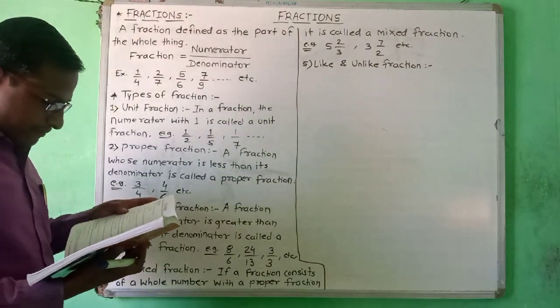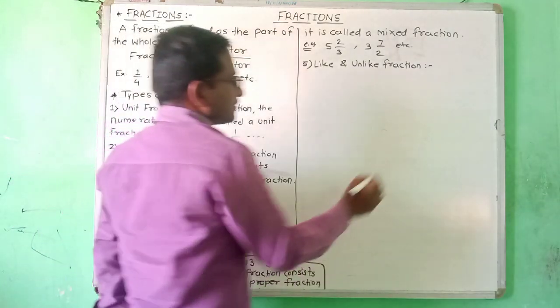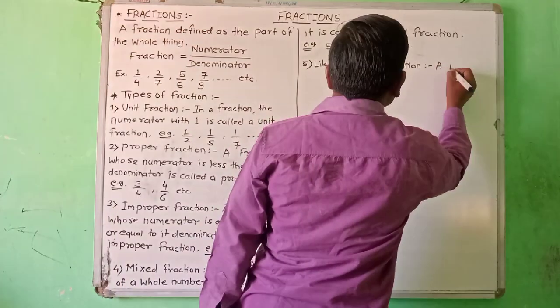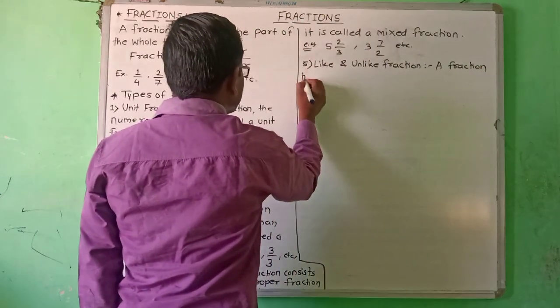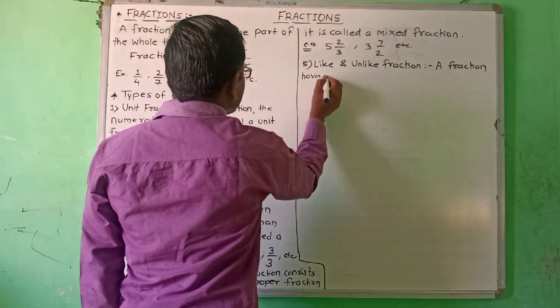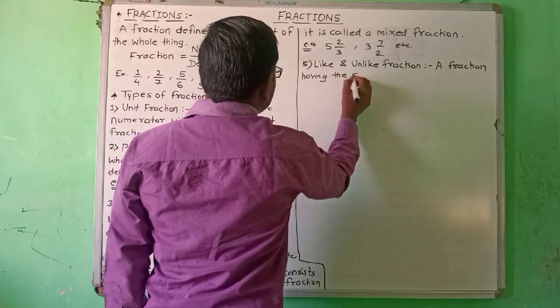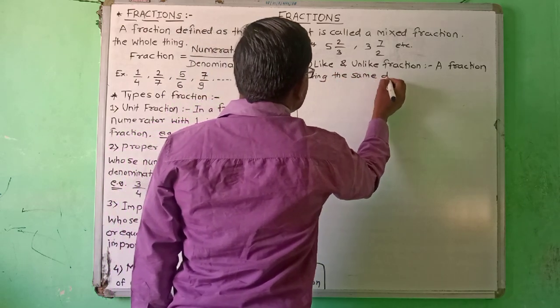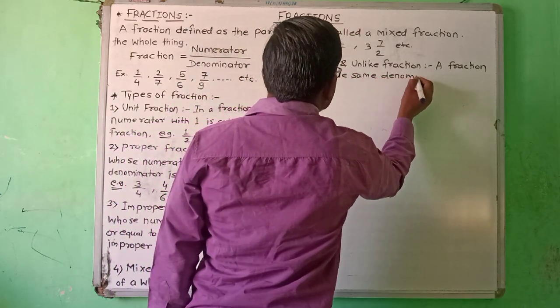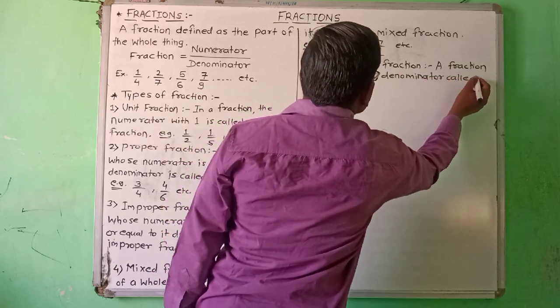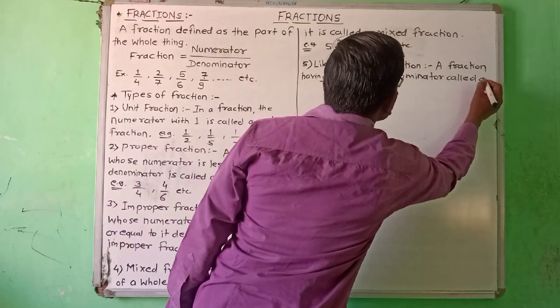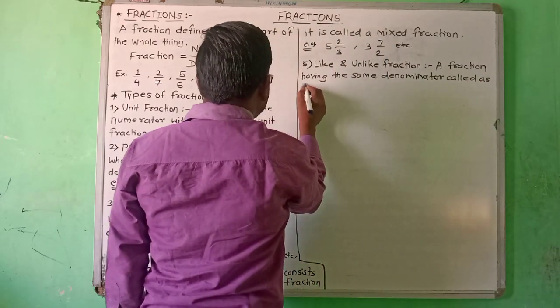A fraction having the same denominator is called a like fraction.